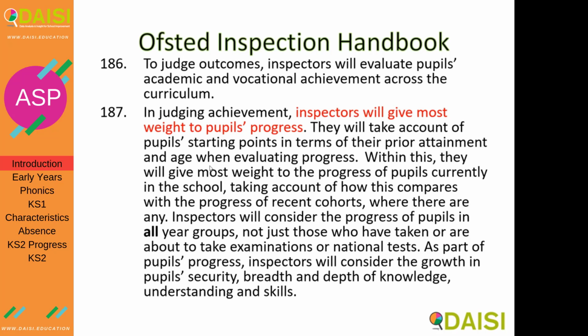And while Ofsted may still look at a form of progress from early years to Key Stage 1, it's more attainment at Key Stage 1. Additionally, inspectors will consider the progress of pupils in all year groups, not just those at the end of a key stage. So they'll be using pupils' books and tracking software and talking to pupils and teachers.